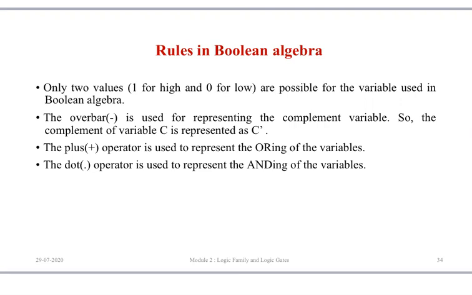So the plus sign will be used for the ORing operation that we have already seen, and the dot operator is used for the ANDing operation. Okay, so these are some things. So 1 and 0, complement either put a dash or a line over bar, plus sign is used for the ORing operation, and dot is used for the ANDing operation. So this is something you already know.